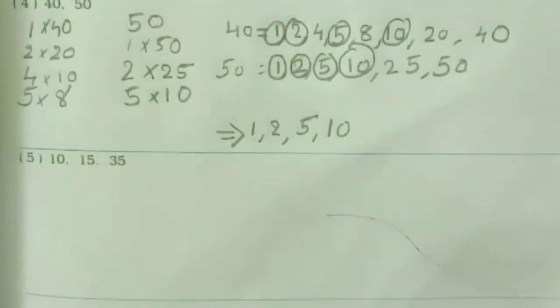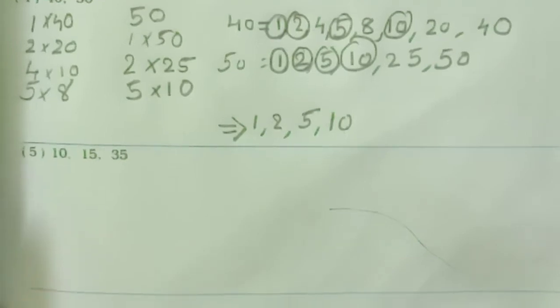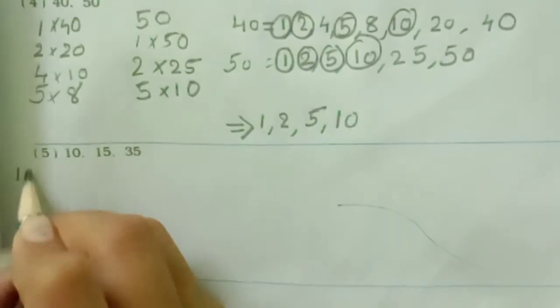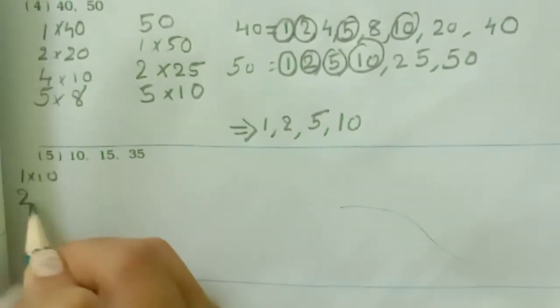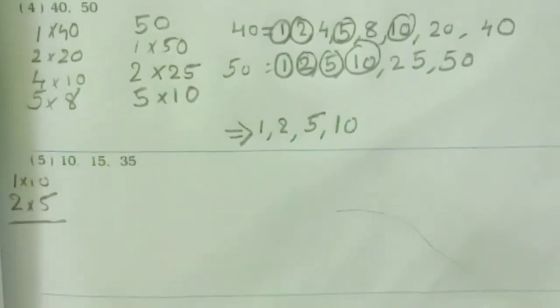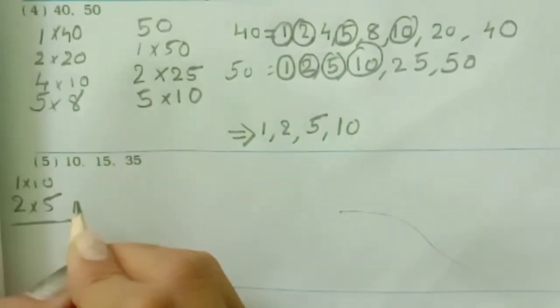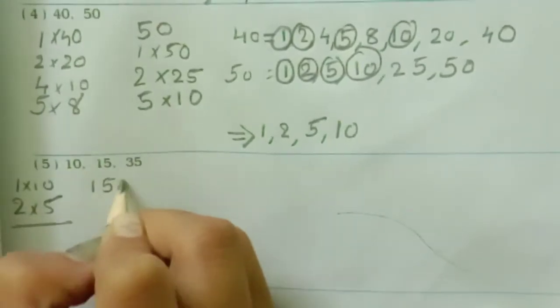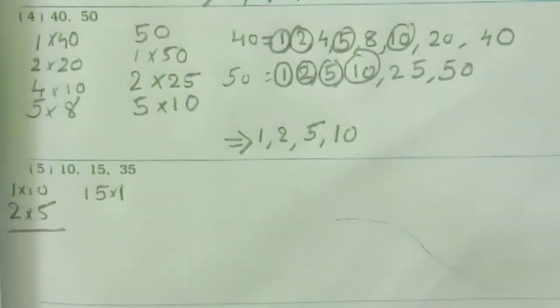Now number 5, 10, 15 and 35. There are 3 numbers and we have less space but no problem. Factors of 10: 1 10s are 10 and 2 5s are 10. So these are the factors of 10. Now we will write the factors of 15. 1 15s are 15.